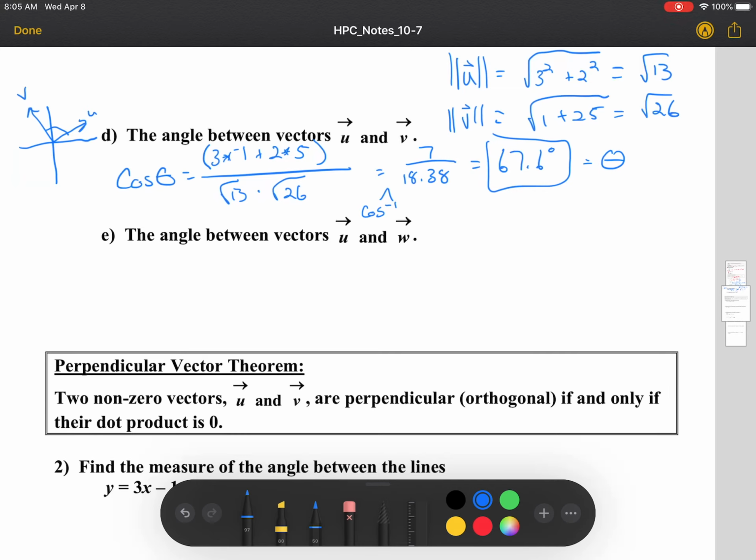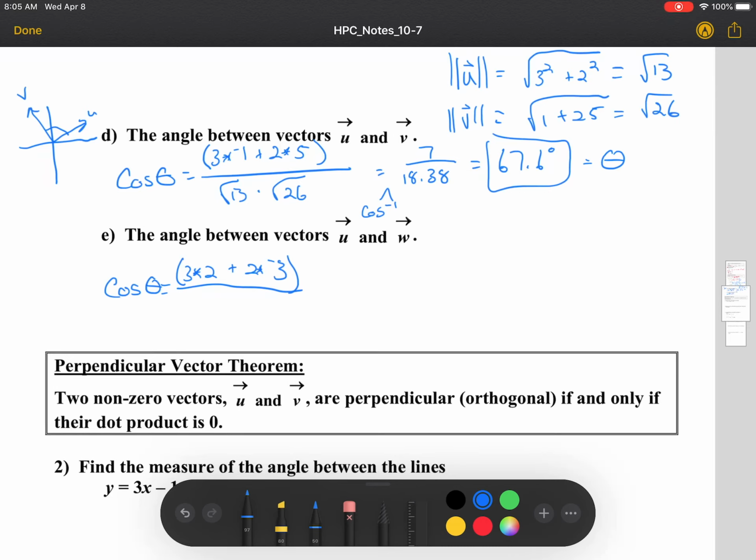Okay, now moving to E. Now we want to find the angle between vectors U and W. So again, setting up our cosine theta. On the top we're going to have our dot product, which is 3 times 2 plus 2 times -3. That's going to be interesting up there.